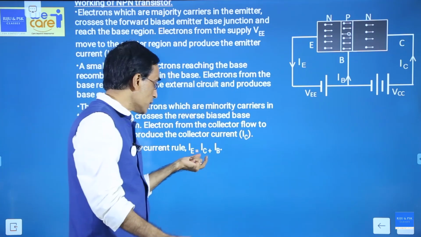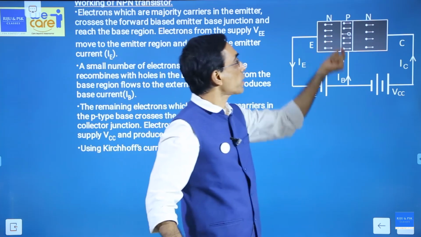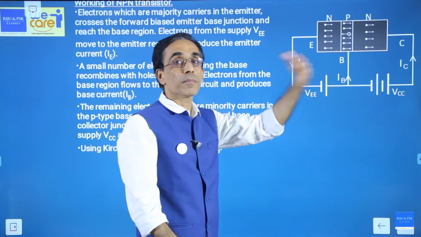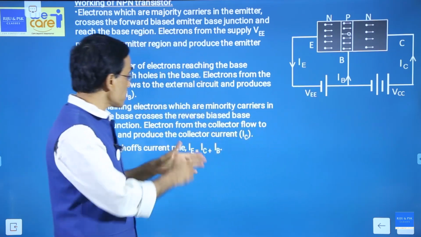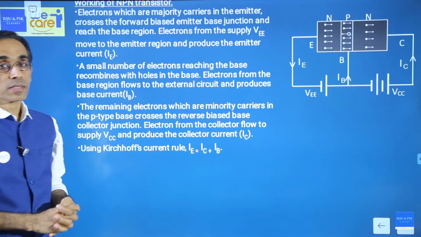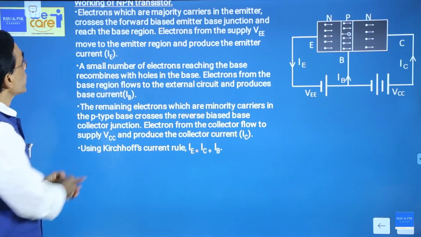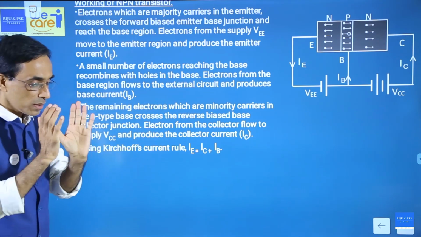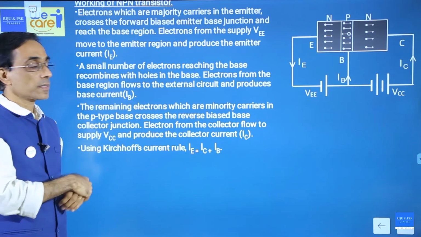But you should see that the base current is due to few electrons. The base current is always very small, the collector current is a little high, and the emitter current is the sum of these two, so that will become the highest current. Working, 3 sentences. Mechanism, draw the circuit, study it. Okay.